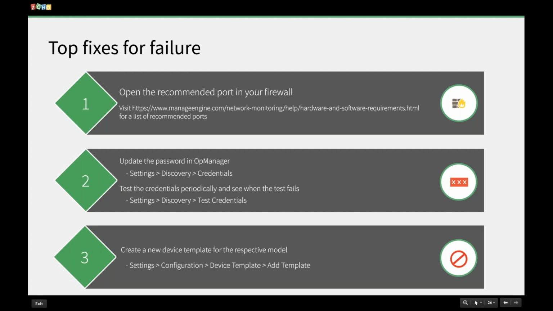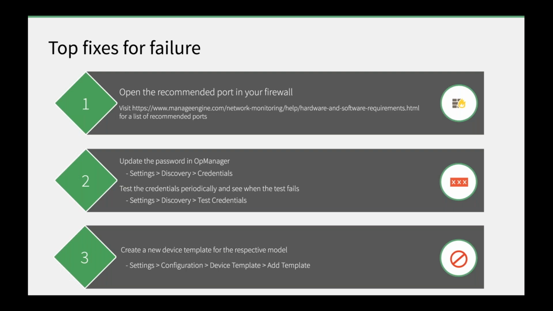So sometimes you miss one port and you're trying to add the device using OpManager, and it cannot enable the communication channel to contact the devices, to understand who it is, which category it is, what vendor it is, and what are the performance metrics I need to associate. So it is just blindly going to discover the devices and say that category is unknown, vendor is unknown, and the template, I mean, the type is unknown, and so on. That is one problem. So you need to make sure that all the relevant ports and protocols are enabled.